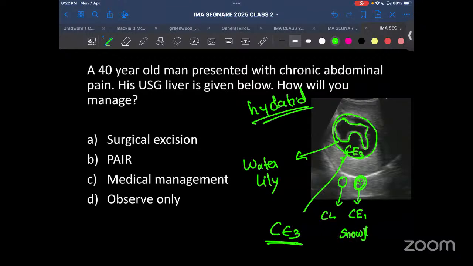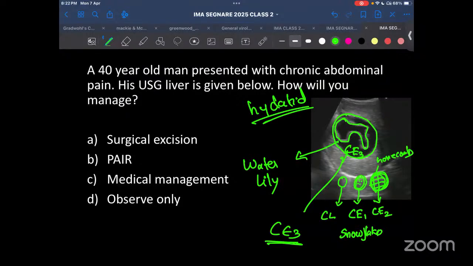So this is also known as snowflake sign. Now there is a cyst wall, but internal septations are there. So it looks like a honeycomb. This is CE2.